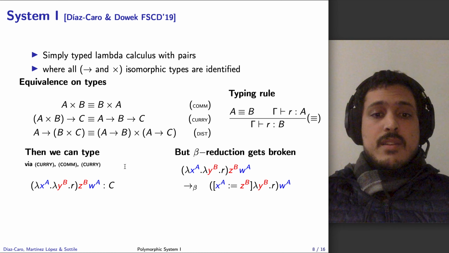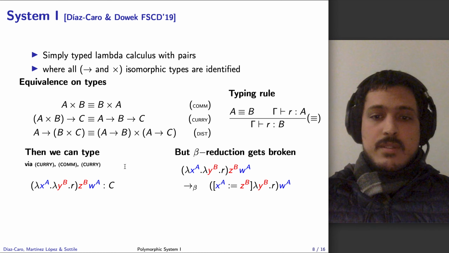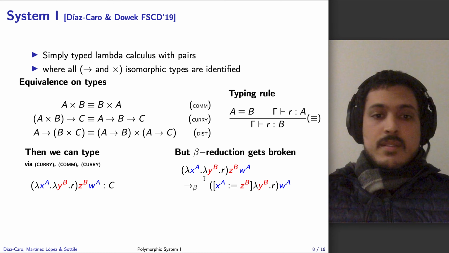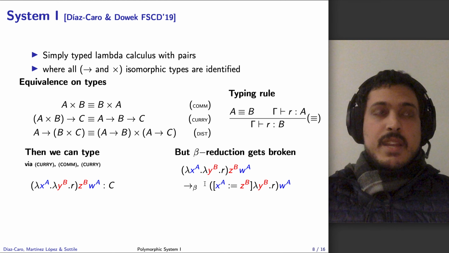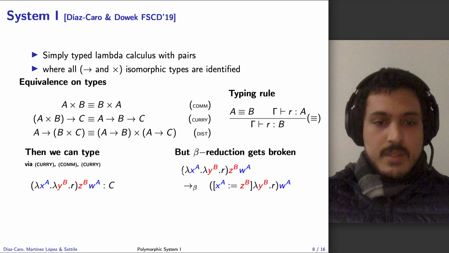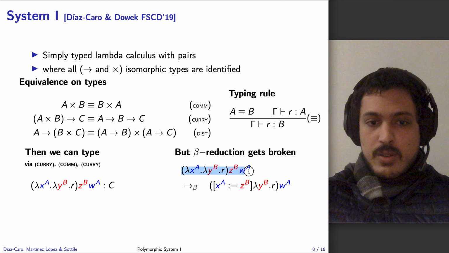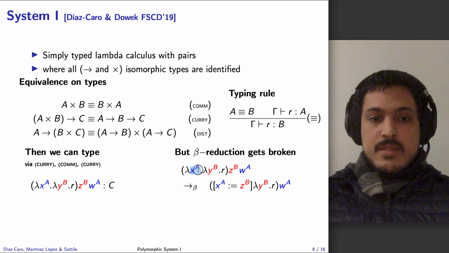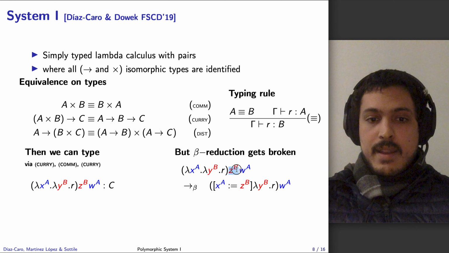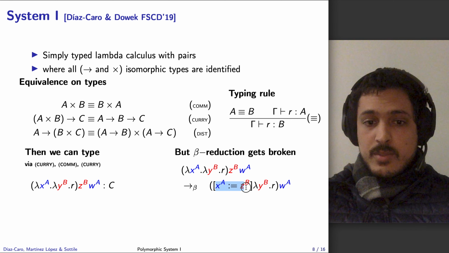But then we can see that beta reduction gets broken. I'm sorry, this is broken because this should be substituted by an A, and it is actually being substituted by a B.